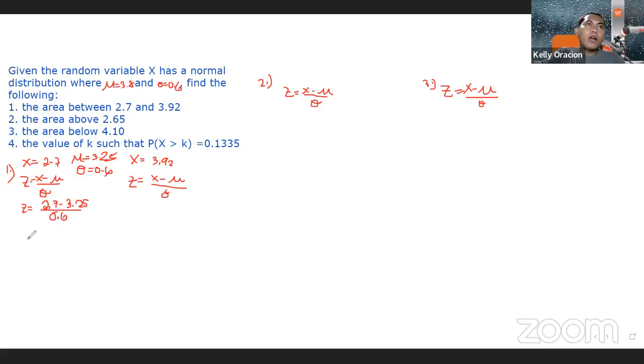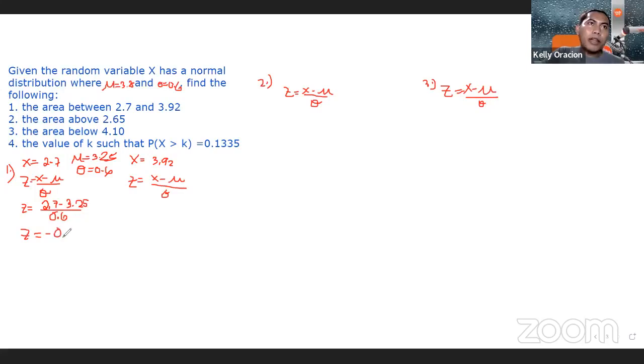What is the z-score if x is 2.7? Negative 0.92.